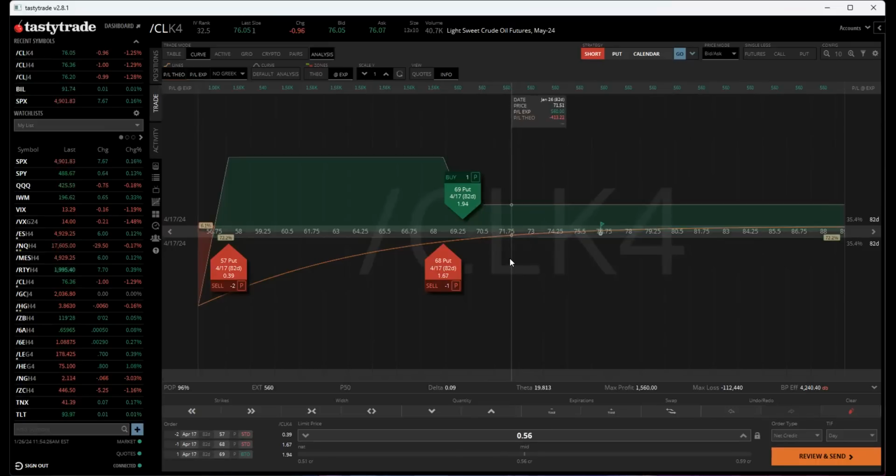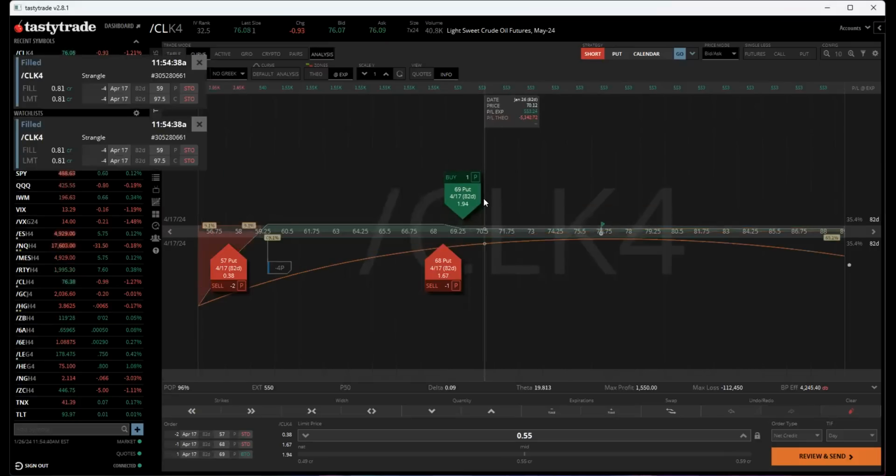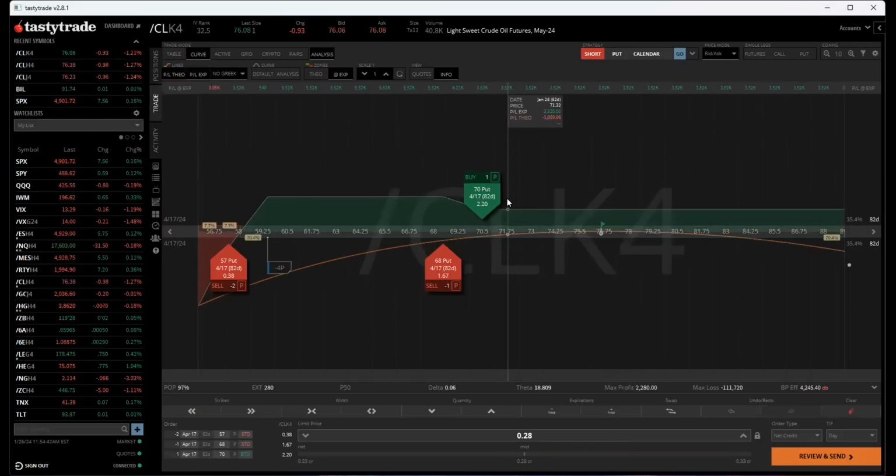I am still putting that strangle on because probabilities are probabilities. I'm going to leave that strangle running. But this thing here, I'm okay. Let's have a little fun and let's move these up a tad.